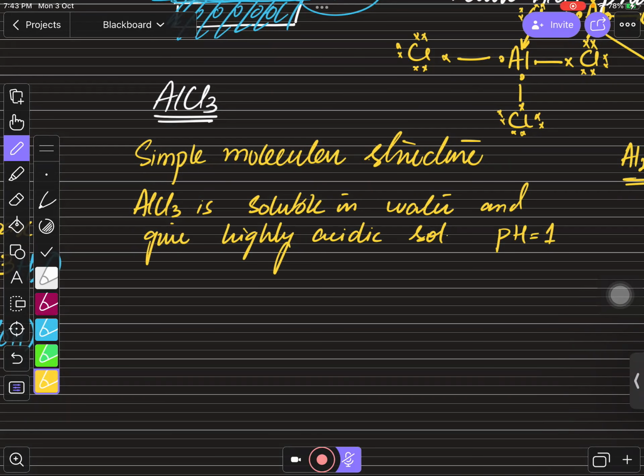For example, if you dissolve AlCl3 in water, you will find this complex over here, like Al complexed with 6 water molecules, charge 3 plus, and also 3 chloride negatives over there, right?